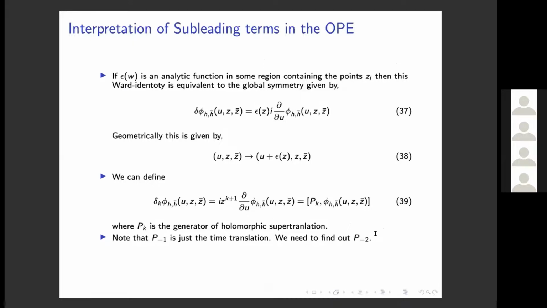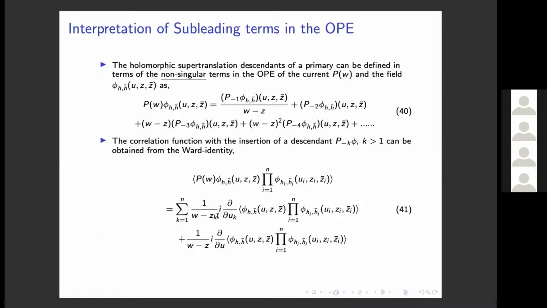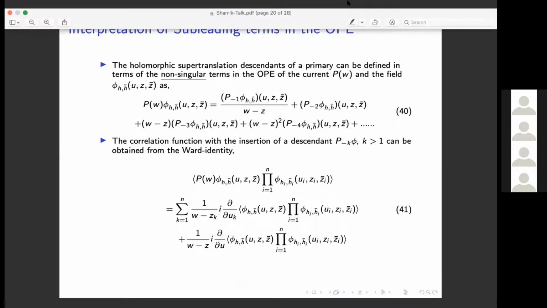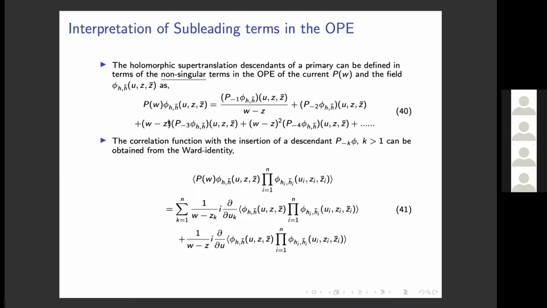Okay, now we need to find out this P_{-2}. If I set k equal to minus 2, I get a 1 over z, and that has a singularity at z equal to 0. So how do I get this P_{-2} acting on phi? This is also the standard trick that we use.